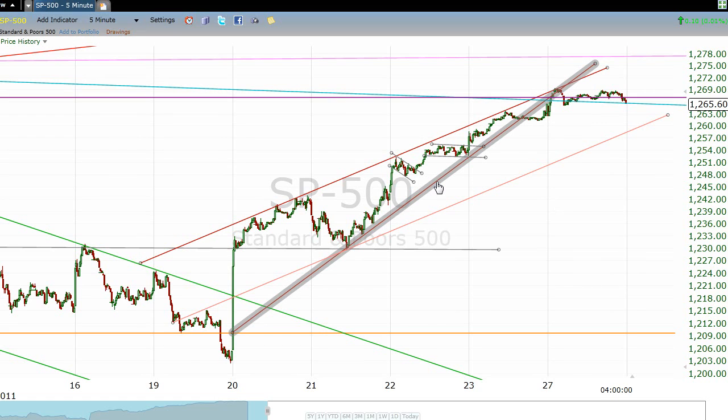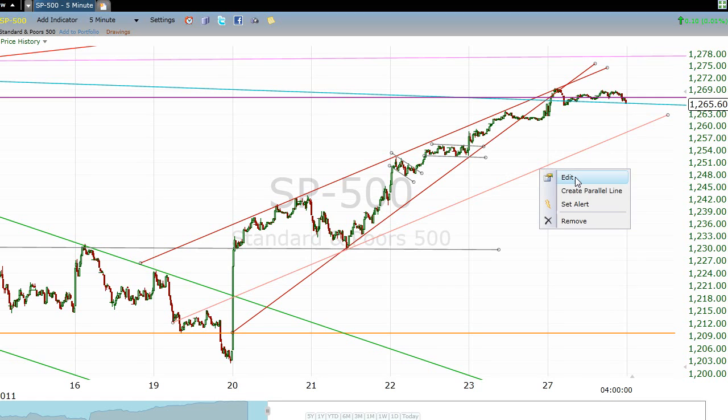So that casts a little doubt on the validity of this line right here, because we did not see anything really break right here. So I am still, for my purposes, going to use this rising line right here that's a little bit lighter in color.